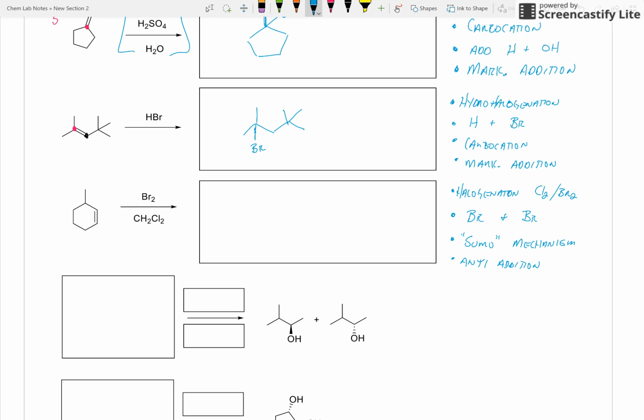There's no water here, so we don't have to worry about halohydrin formation. Anti-addition, there's no carbocation. Remember, that's what the SUMO mechanism talks about. We have that bromonium intermediate, a partial cation that gets formed, but no rearrangements yet, so we're not doing any rearrangements with that SUMO mechanism.